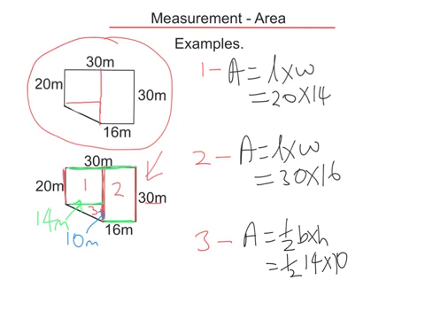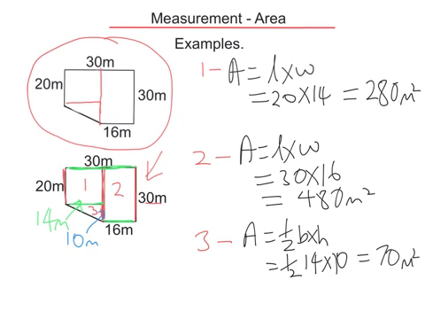Now at the top we've got 20 by 14, so that's the same as 280 square meters. The next one's going to be 480 square meters, and the last area is going to be 70 square meters.